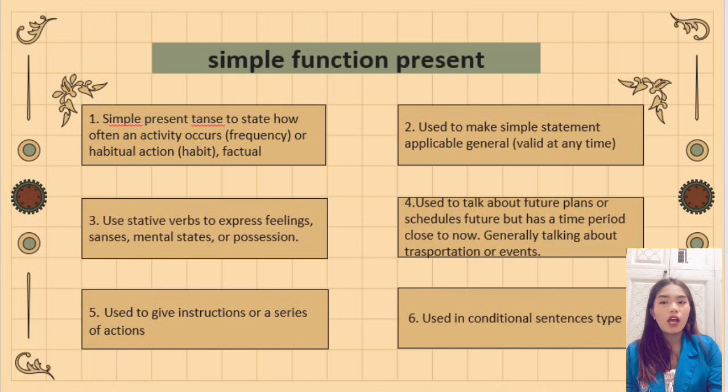Number 4: used to talk about future plans or schedules with a time period close to now, generally about transport or events. Number 5: used to give instructions or a series of actions. And last, number 6: used in conditional sentence type 1.